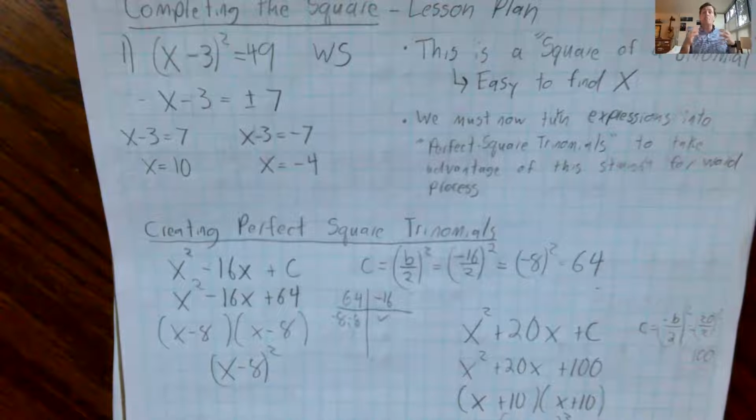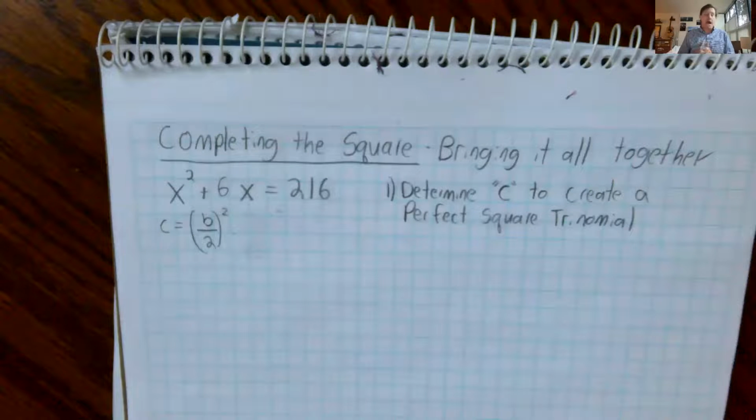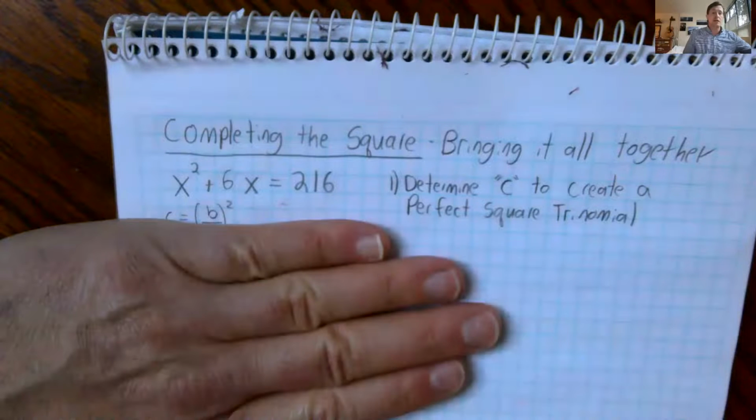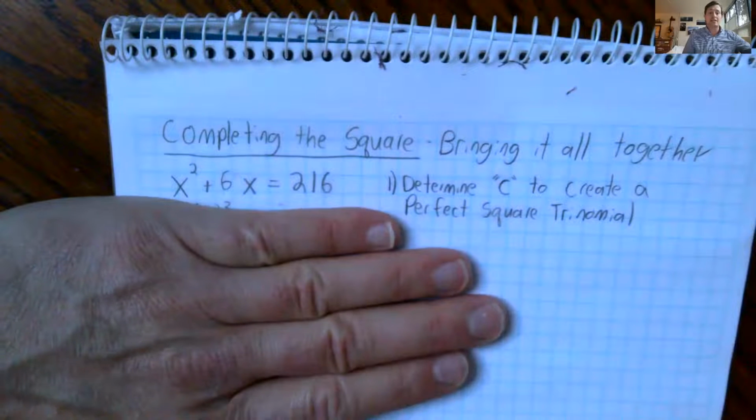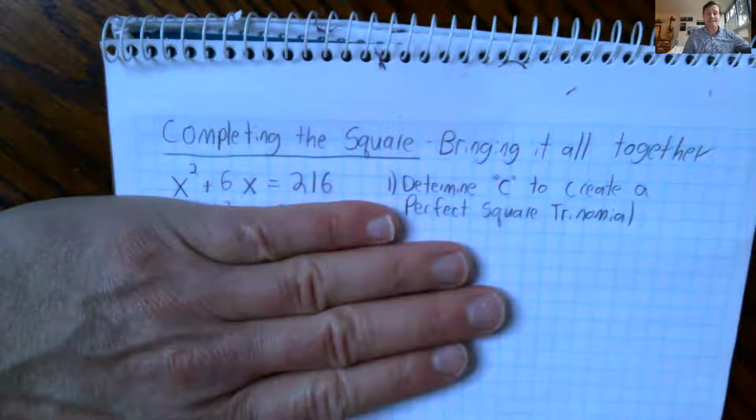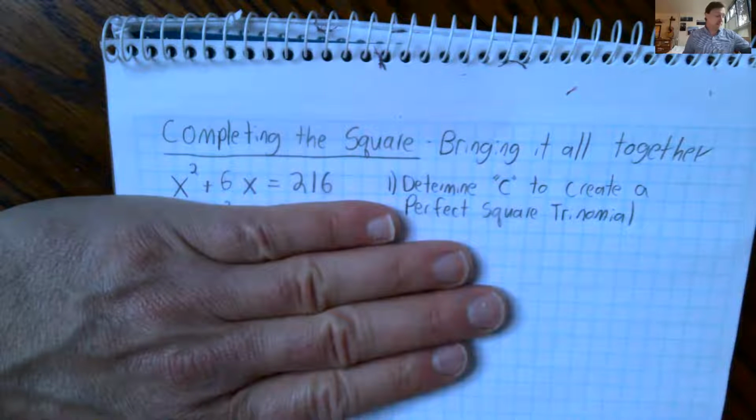Now we're going to bring both of those concepts together and actually solve an equation. So you're going to get an equation that looks like this: x squared plus 6x equals 216. And we're going to go through the steps to complete the square and to actually solve this to find two solutions for x that work for this problem.